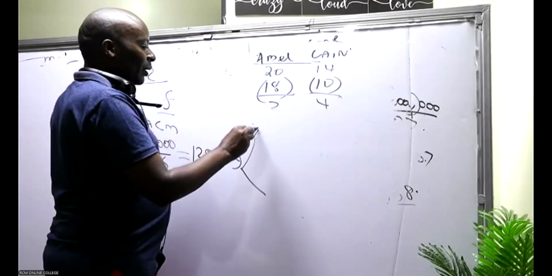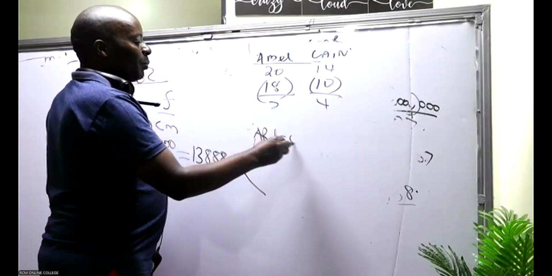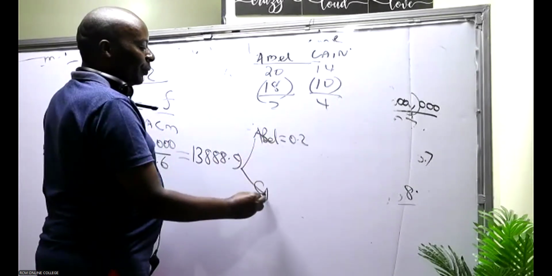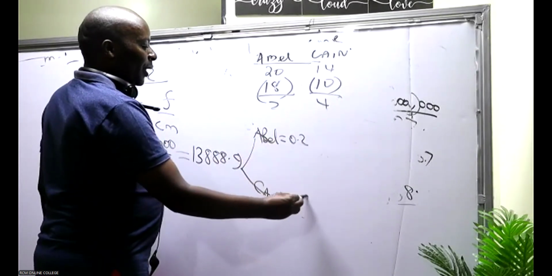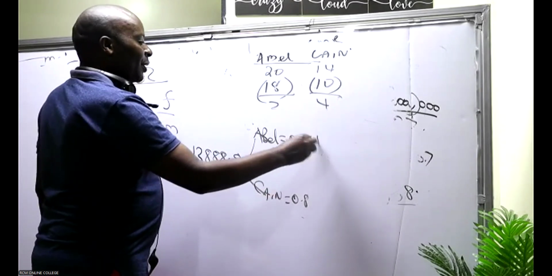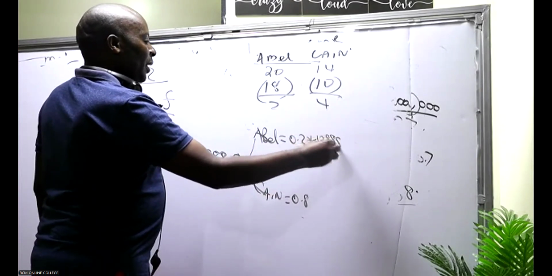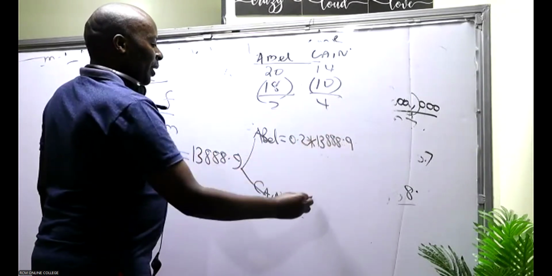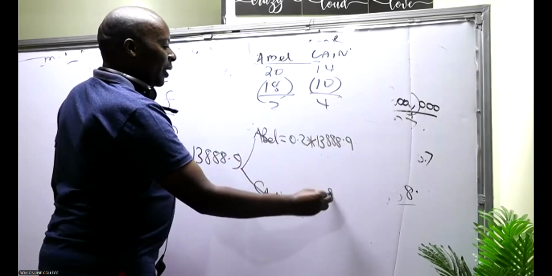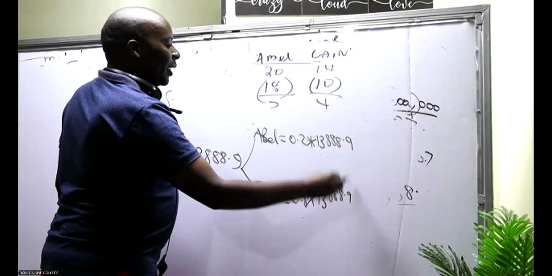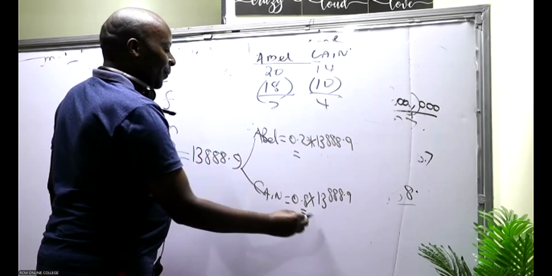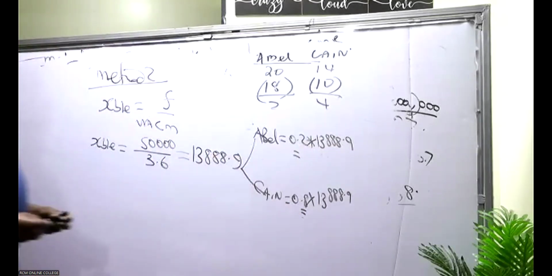We know that Abel is 0.2 and Cain is 0.8. So 0.2 times 13,888.9, and 0.8 times 13,888.9. Are you able to give us these quantities? They're quite ugly, but just try to work with them.